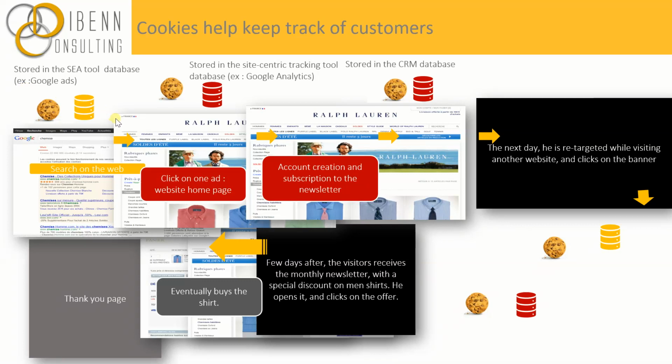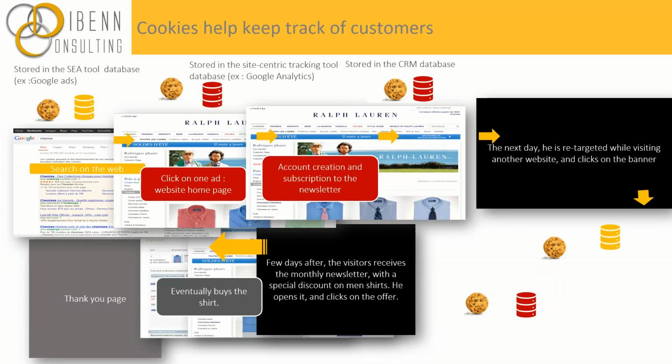Then, when that person is landing on the advertiser website, the cookie identifying that person is stored in the site-centric analytic tool. Site-centric, as you can tell by its name, means a tool that is just tracking everything happening or taking place within the site or app of the advertiser.